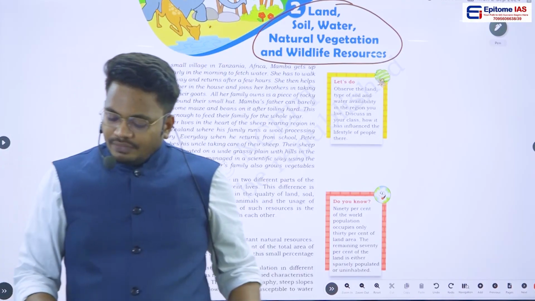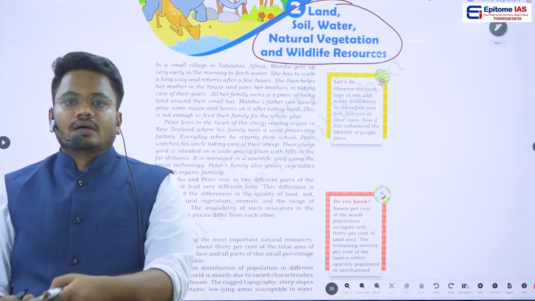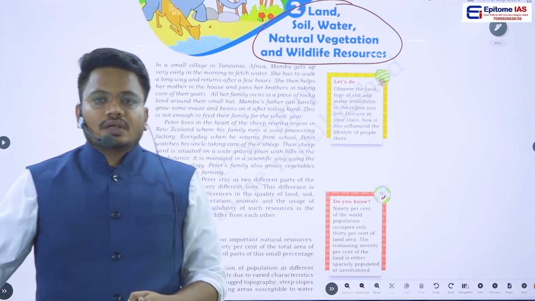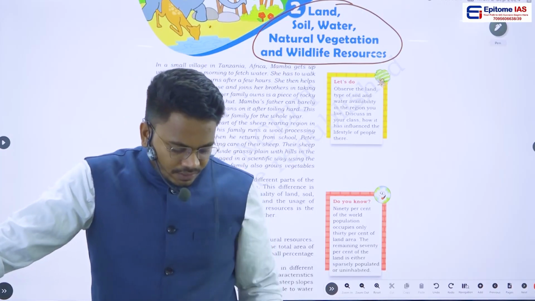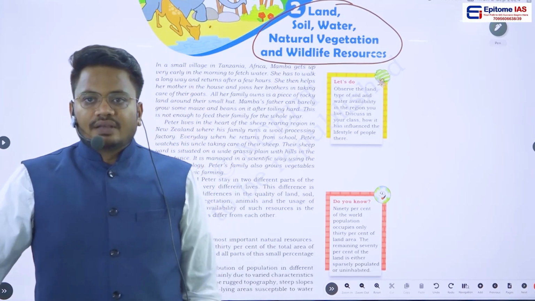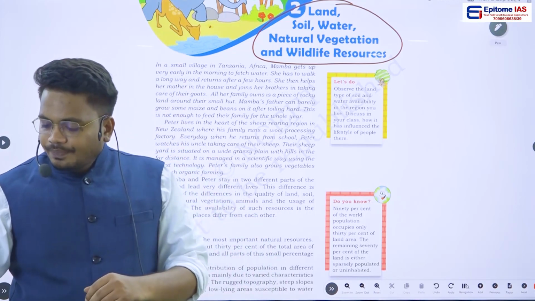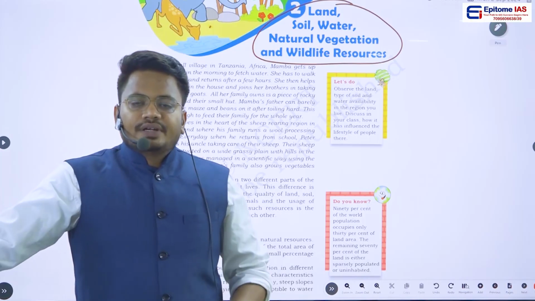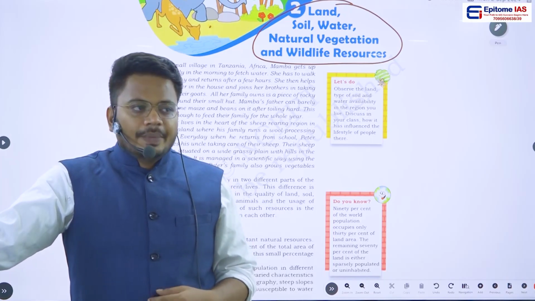In the first chapter we already discussed resources. What is meant by resource? Resource is something which is found in the nature of the earth. These resources we can classify into two things: natural resources and man-made resources.